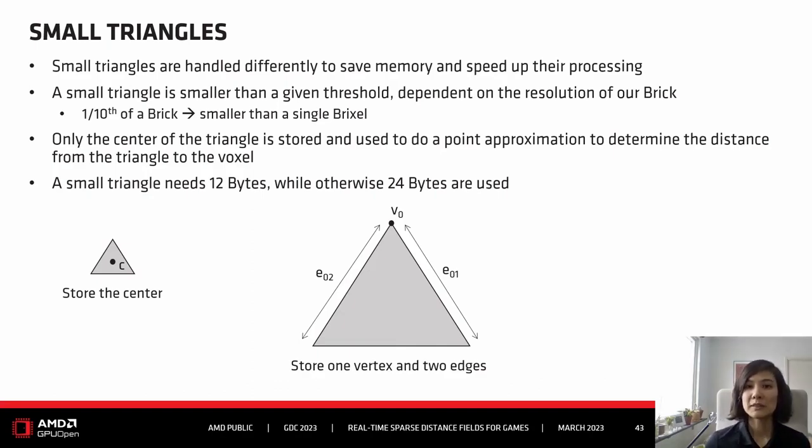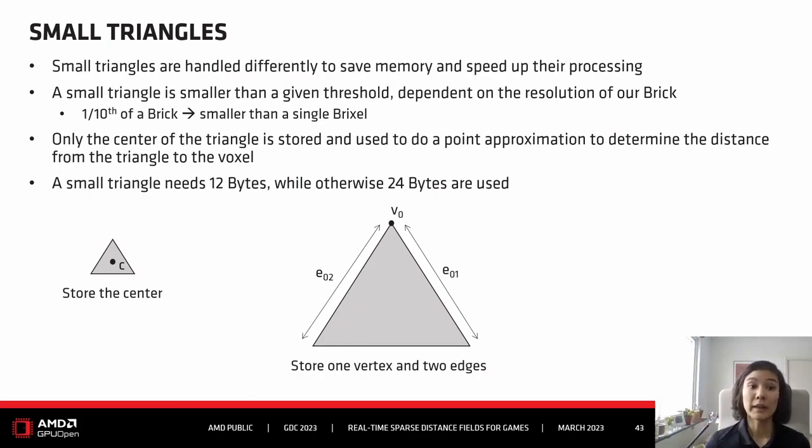This also means that whether a triangle is small or not depends on the brick. Pixelizer will consider a triangle to be small if it's smaller than 1/10 of a brick, which means it's smaller than a single pixel. So the actual threshold depends on the brick, and on which cascade this brick is in, and what the resolution of this cascade is.